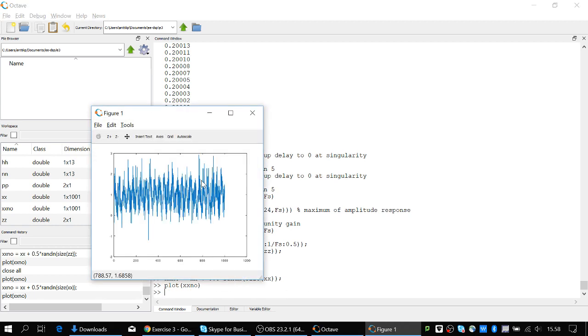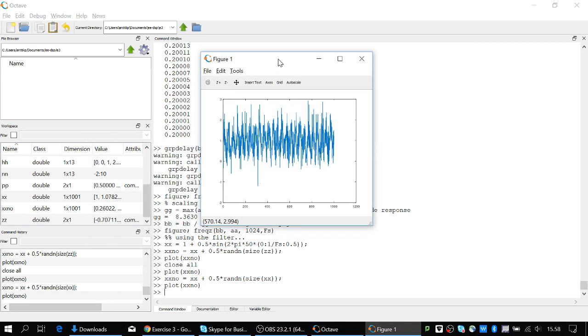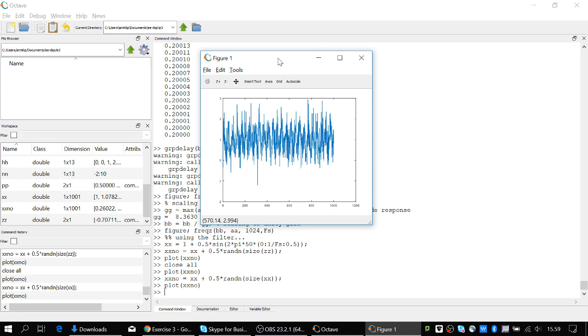So that is my signal. It has some sinusoid signal at how many hertz? 50 hertz. So the 50 hertz sinusoid signal is somewhere in here, definitely in the passband.